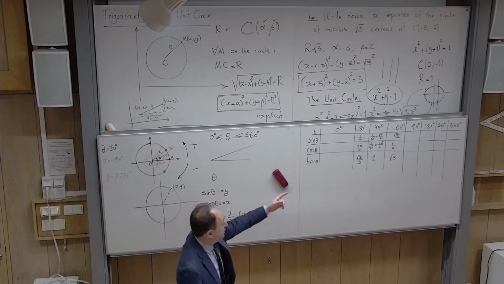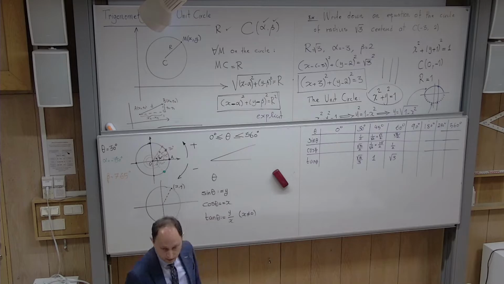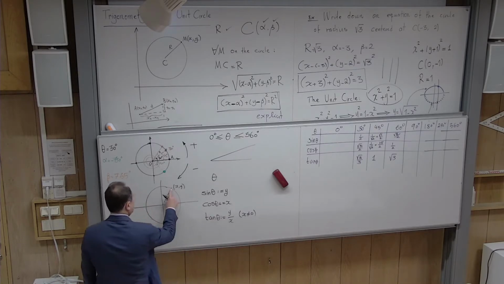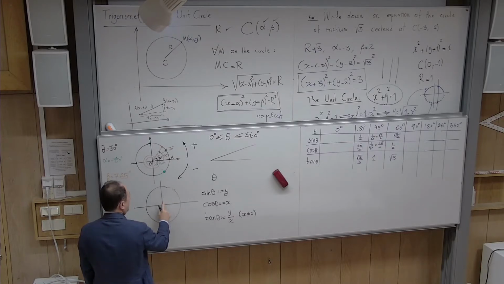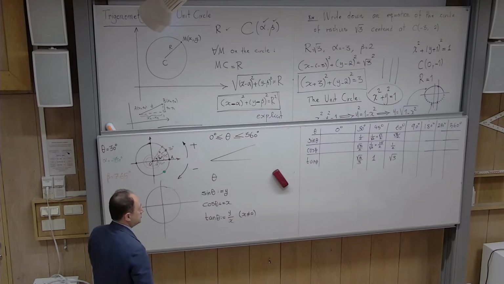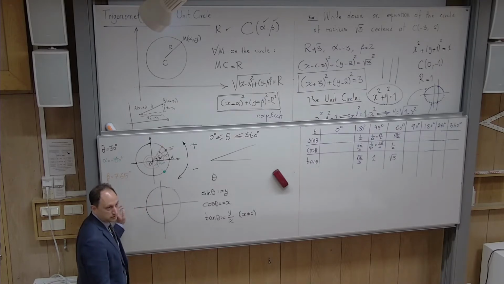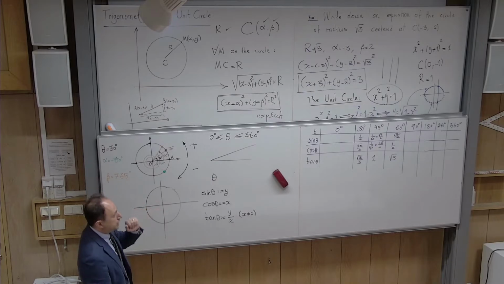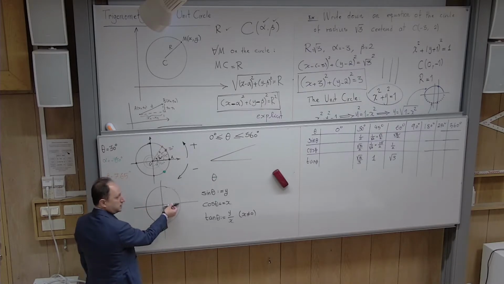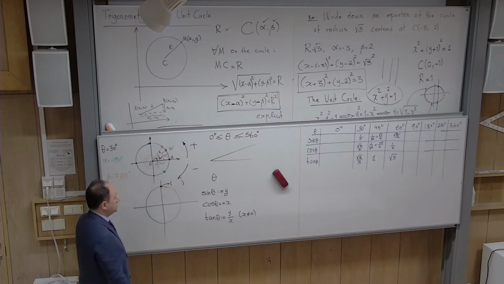If you don't mind, let me start with 90 degrees first. So what is 90 degrees? Where is 90? So the first duty I told you, whenever you want to calculate sine, cosine, and tangent of a given trigonometric angle, the first duty is to find the final location. So where is the final location for 90 degrees? You will start from here always, rotate 90 degrees, and end up here. And then your duty is to find the coordinates of this point, but you already did that.